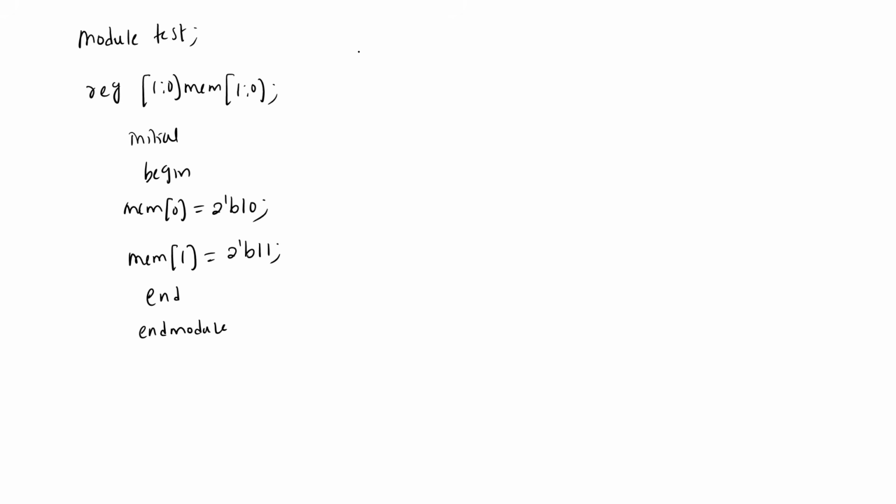Now tell me the value in this. How many locations? Two locations. Each location can accommodate how many bits? 2 bits. So what will be stored? 10 and 11.